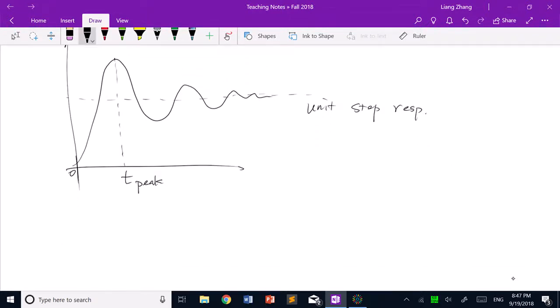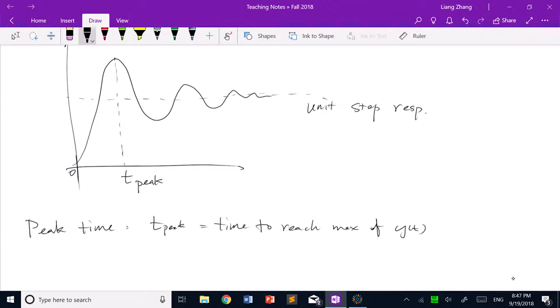It's the first and most straightforward thing to see from the graph. T peak is the time to reach the maximum of your output signal, y of t. So this is y of t, the response.